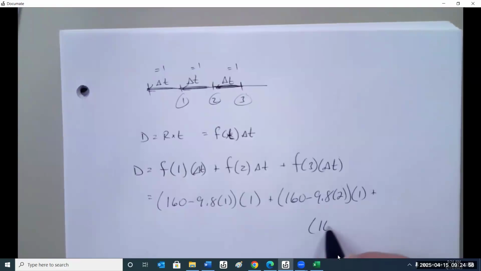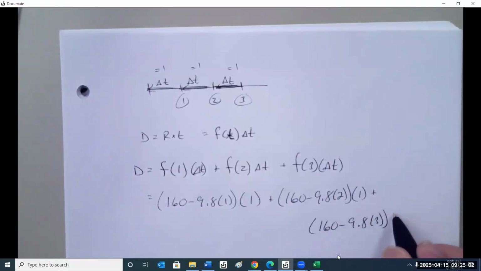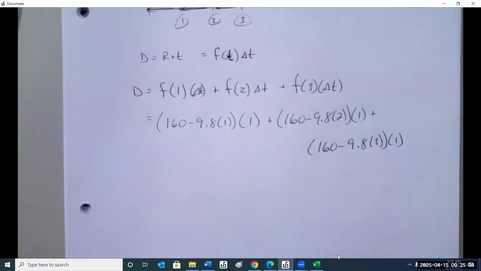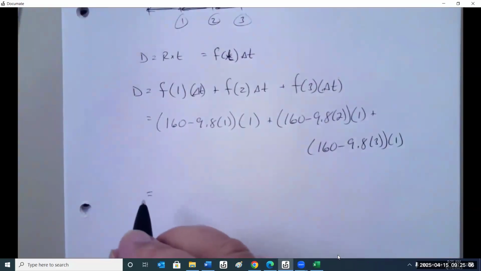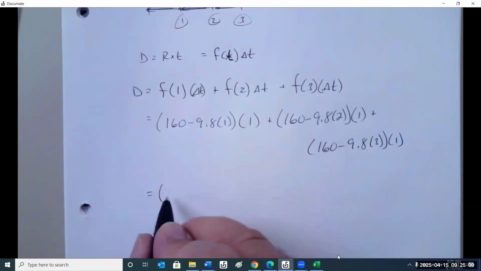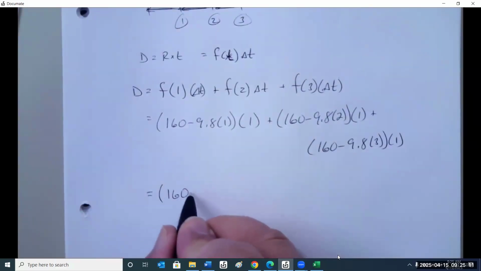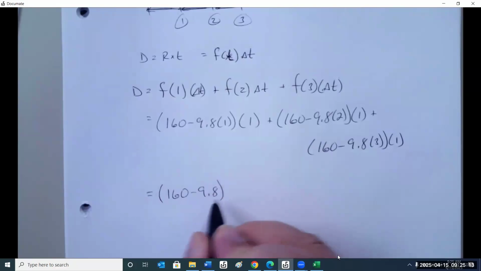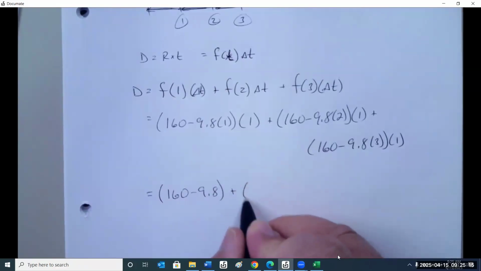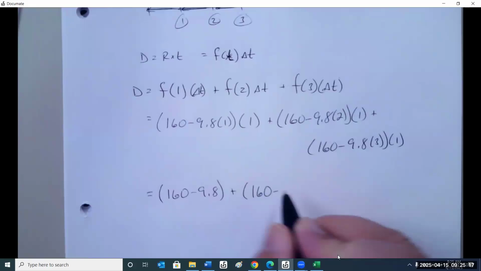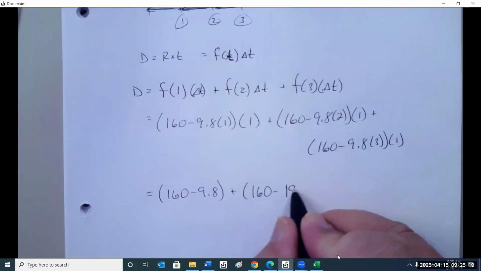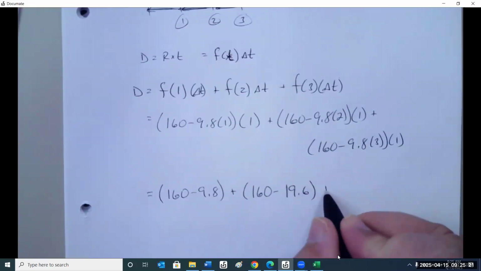And then 160 minus 9.8 times 3 times 1. 160 minus 9.8. 160 minus 19.6.